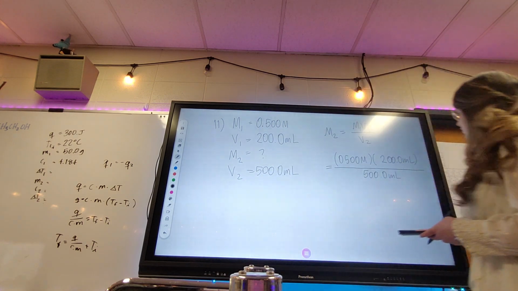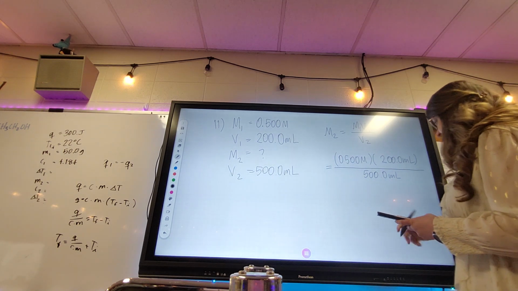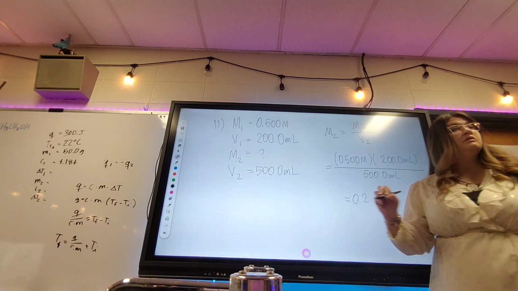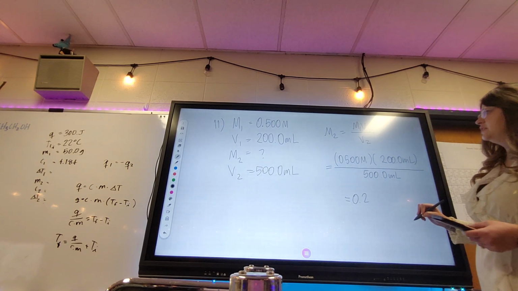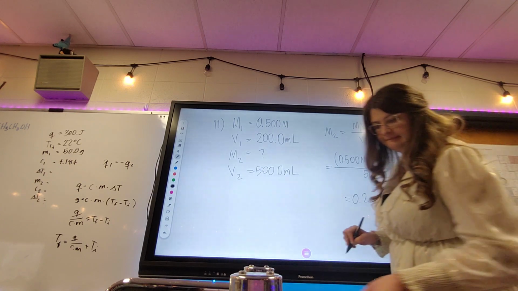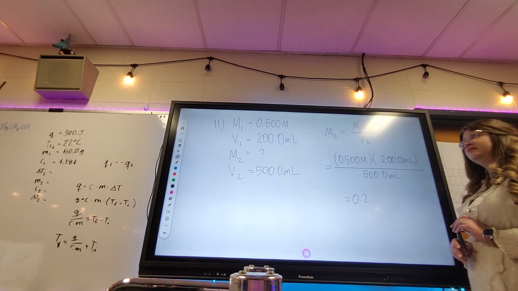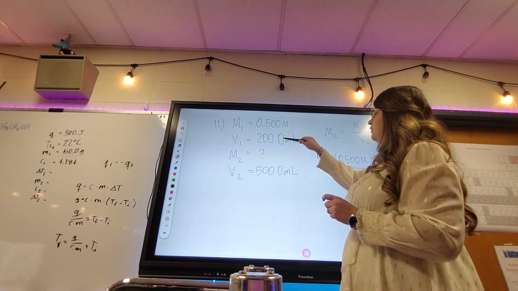Alrighty, so what should be my answer? My brain doesn't want to do this in my head. I get 0.2 for my math. How many significant figures should I have? 3. We have a disagreement. All right, so let's look at our data table. 3, 4, 4.